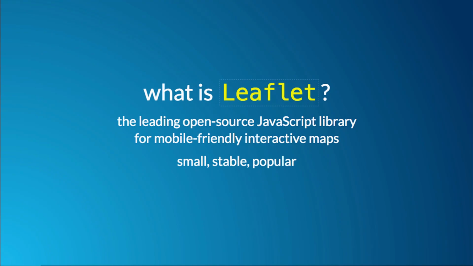So starting from the very beginning, what is Leaflet? This is their own catchphrase: they call themselves the leading open source JavaScript library for mobile-friendly and interactive maps. Leaflet's been around for a while, but it's become prominent. You see it used by journalists and online newspapers for their data science stuff.